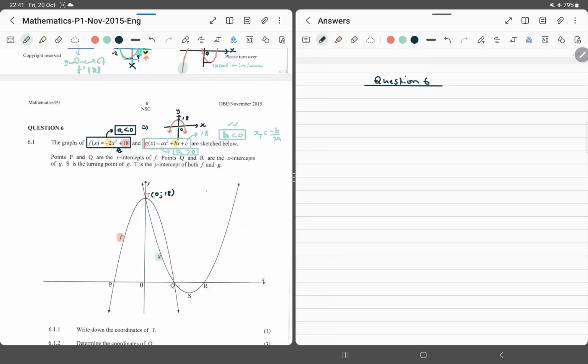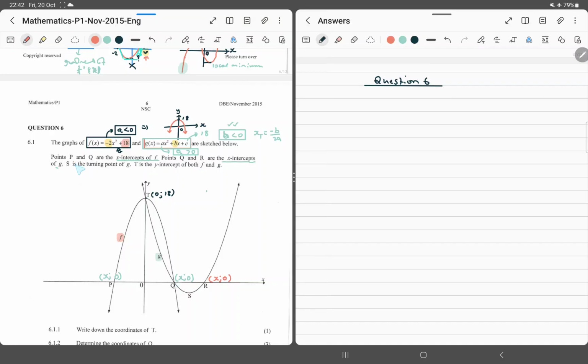Let's go on, guys, before we lose time. We're told points P and Q are the x-intercepts of f. So here we know that we've got some value x and 0, and also another value x and 0, because that's what x-intercept means. Points Q and R are the x-intercepts of g, again some x value and 0, and the other is a common x-intercept.